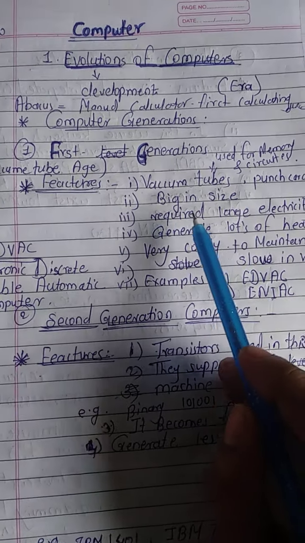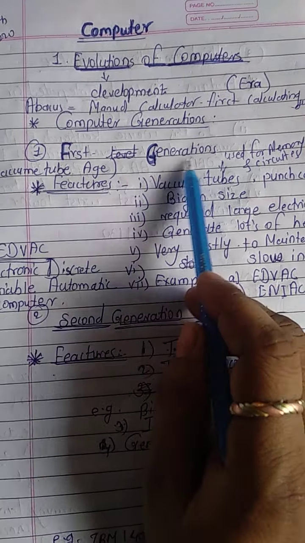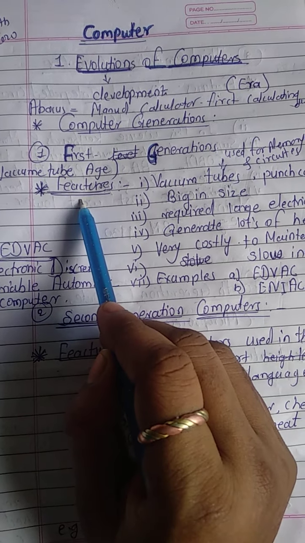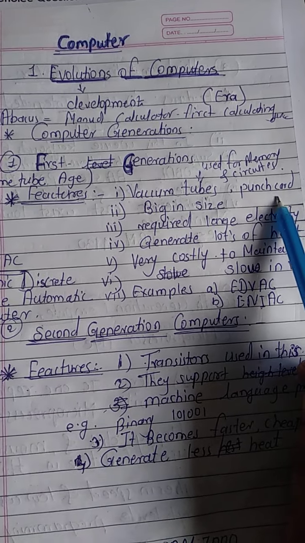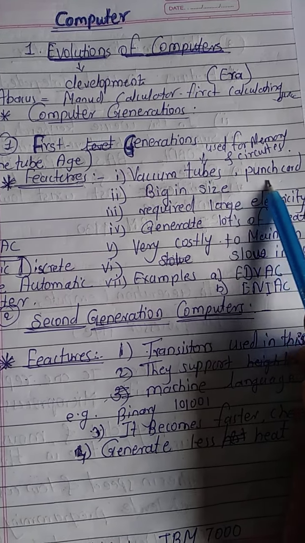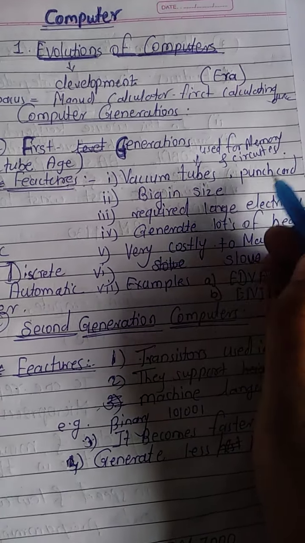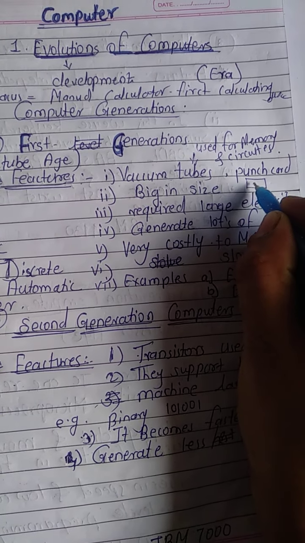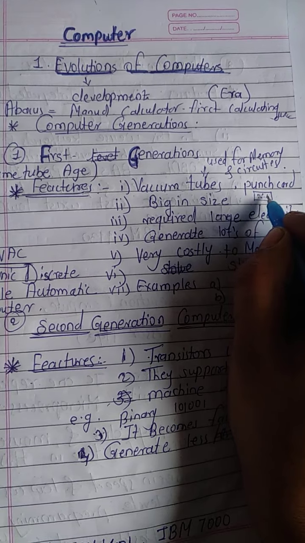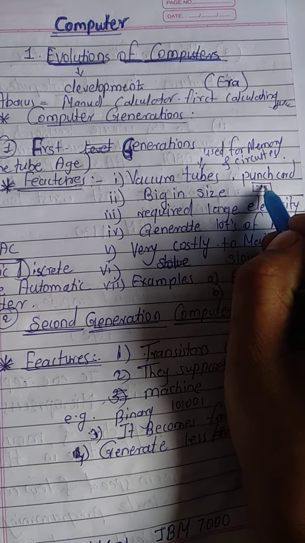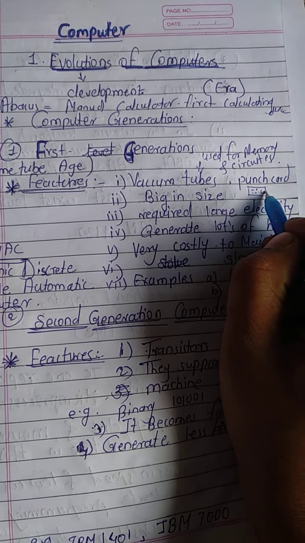In this age of the computer, there are different features. The first feature is they use vacuum tubes and punch cards. What did they use? Punch cards. A punch card is a card in which different holes are there, and we use this card to give information. These holes give the input to the computer.